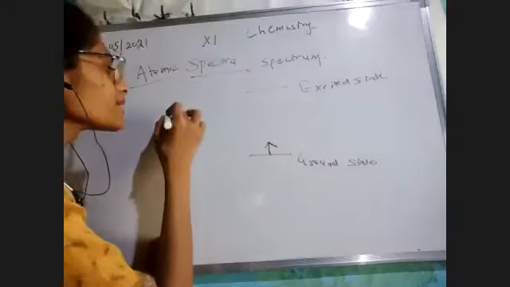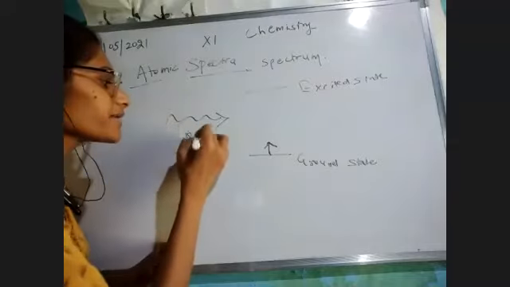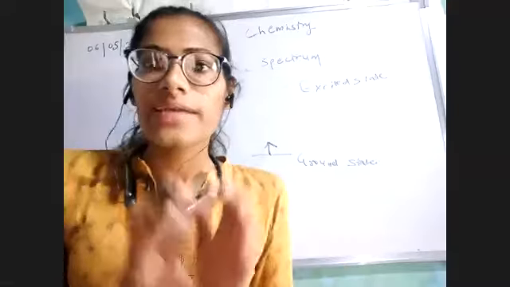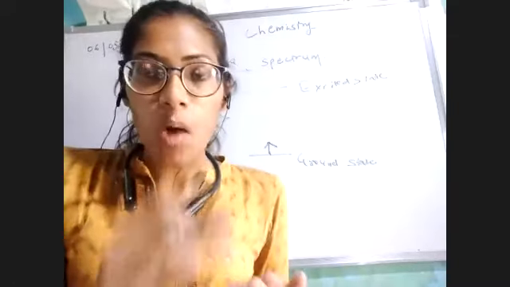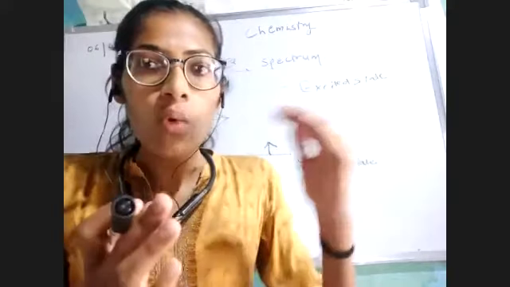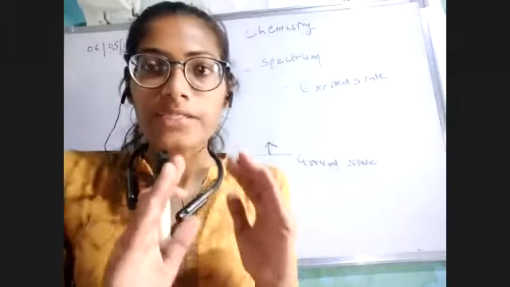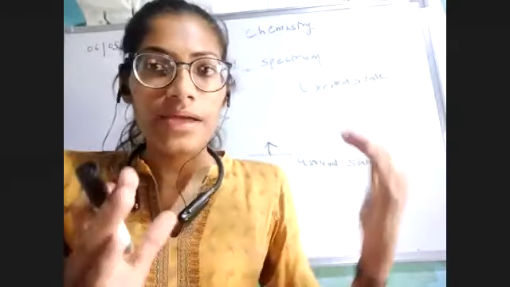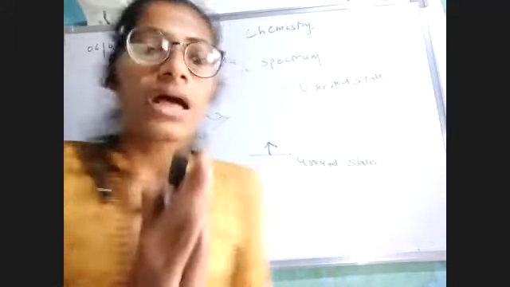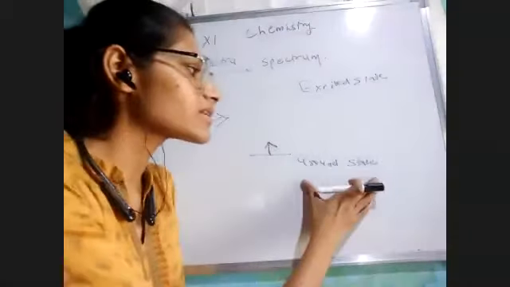Now what is happening? Suppose I am throwing a radiation of light on the electron. The electron was present in the ground state, and I throw a radiation of light on a hydrogen atom. Our electrons were just resting, chilling out in the ground state.